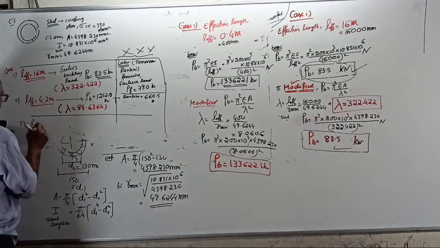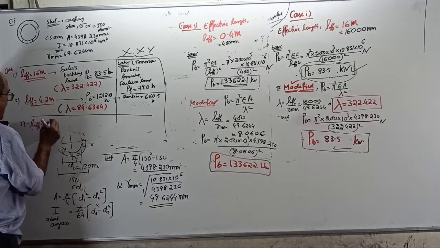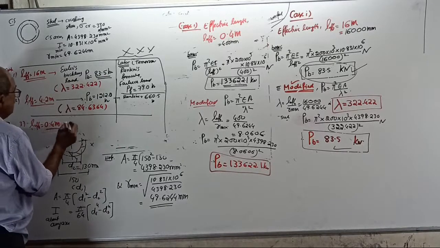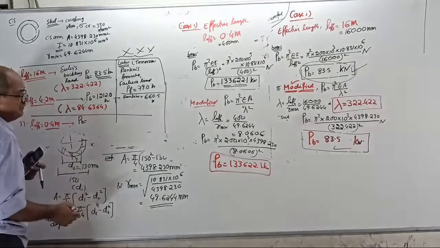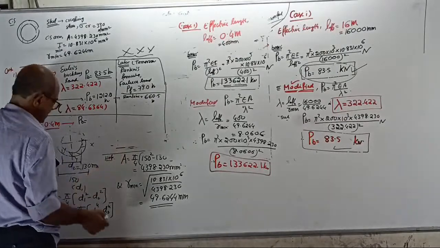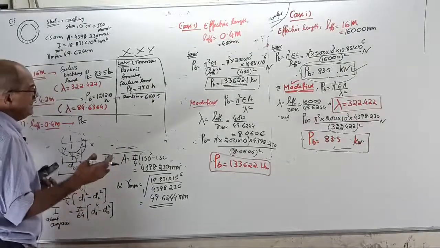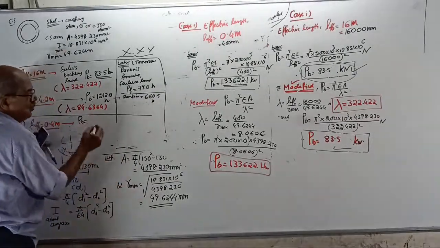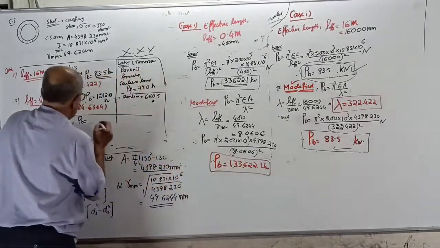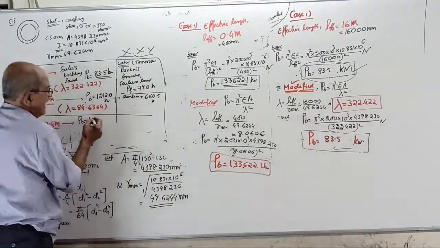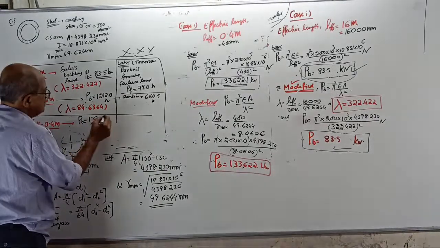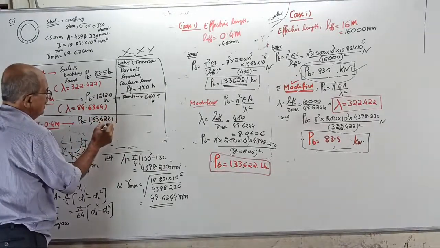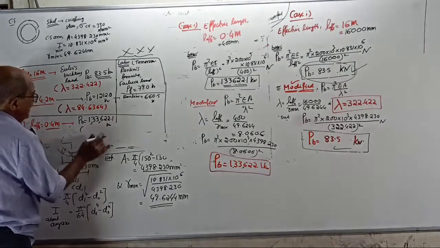Then in case number 3, when effective length changed over to 0.4 meter, just now you got your Euler's buckling load came abnormally high value, something unimaginable value. 1,33,622.1 kilonewton. Very, very high.